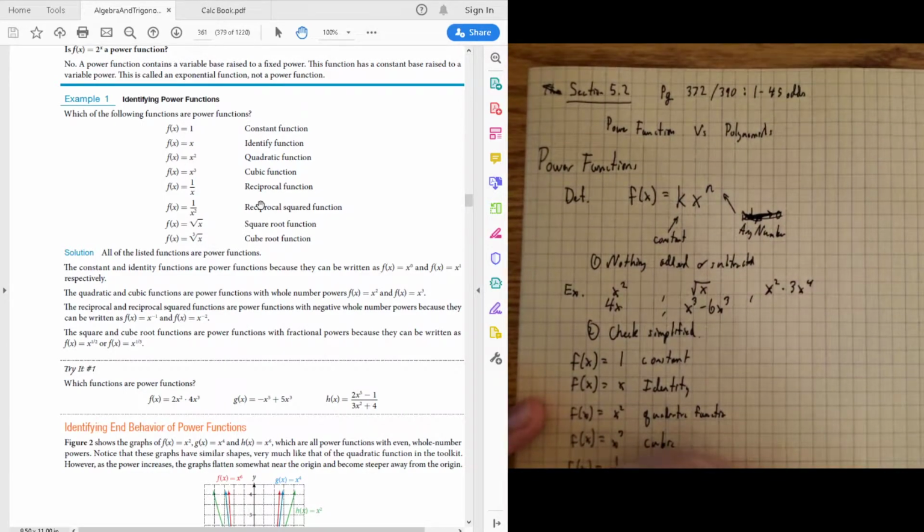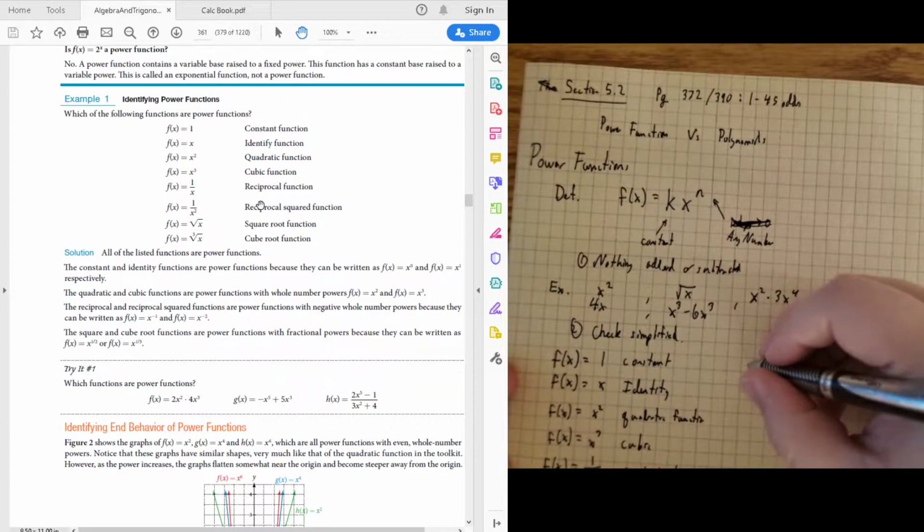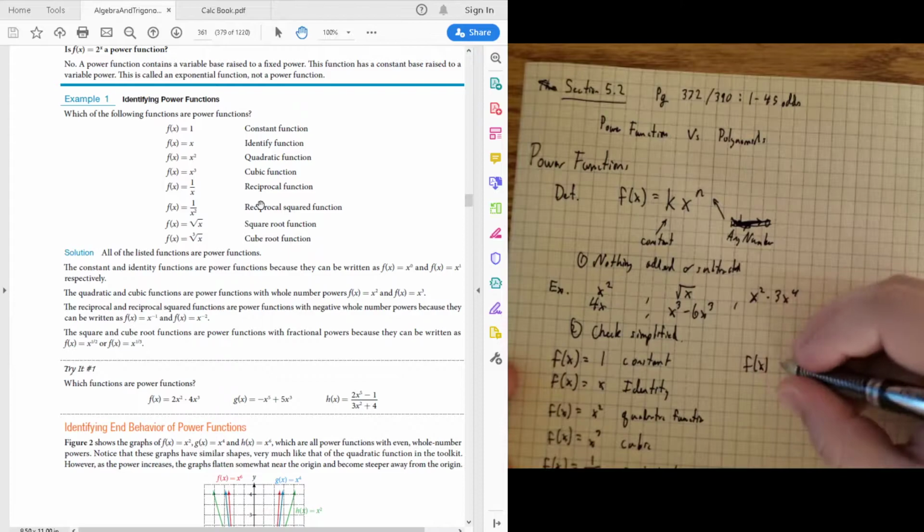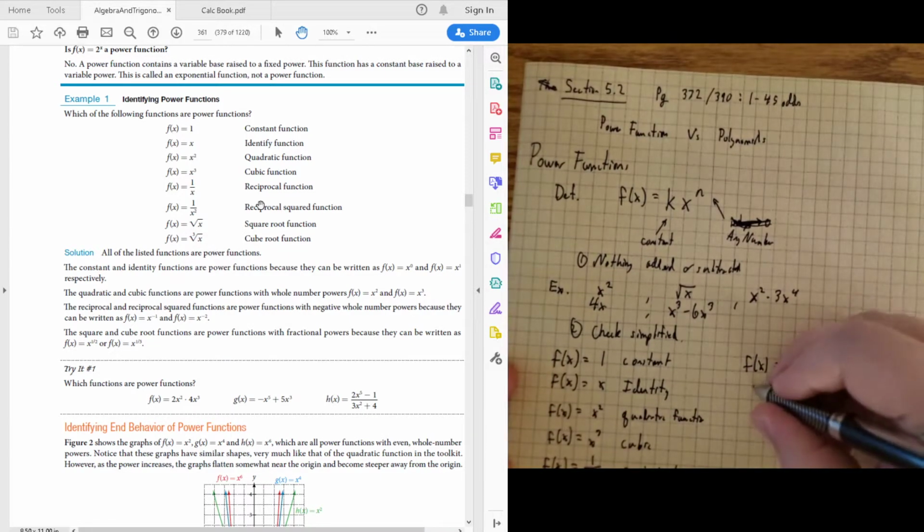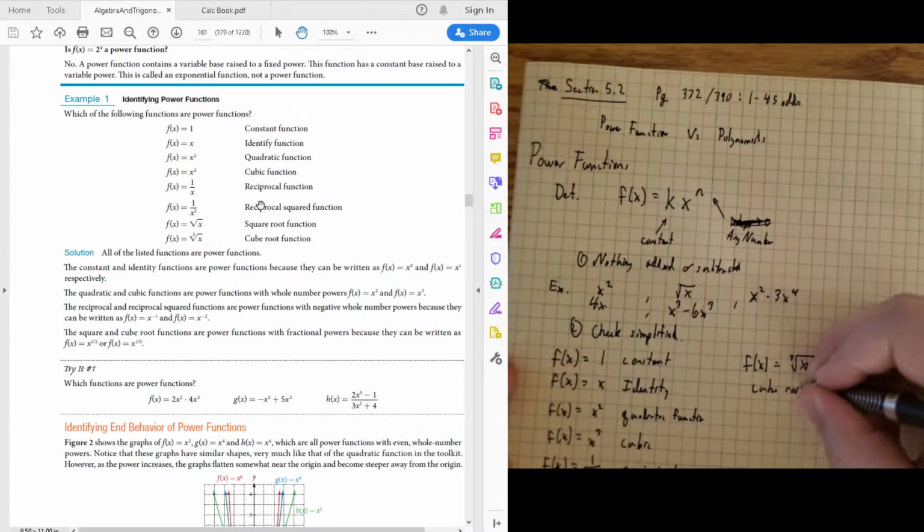And then you can have the fun ones, where you have things like the square root of x, which is of course the square root function. And of course the cube root of x, which is the cube root function.